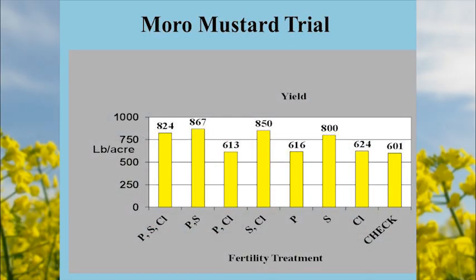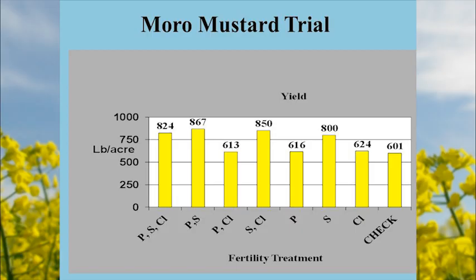This is some work we did for several years at Morrow on yellow mustard, which happens to be a spring brassica. There's a number of treatments that go across here: phosphorus, sulfur, and chloride. There was interest in chloride for several years, so we did a bunch of treatments here. But if you look at every high bar here, what's the common denominator?